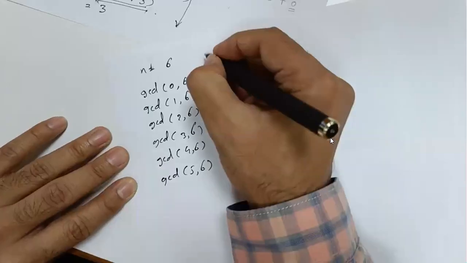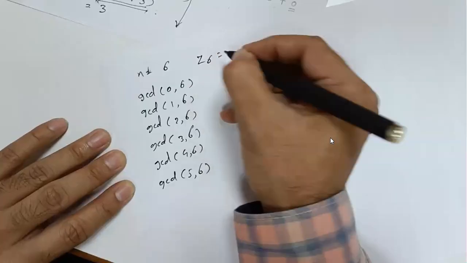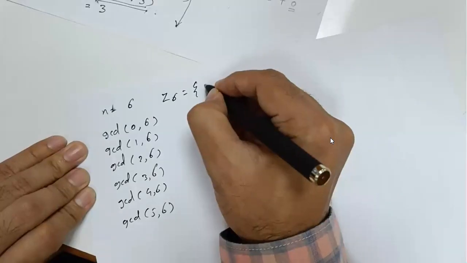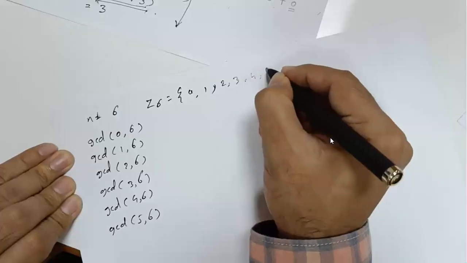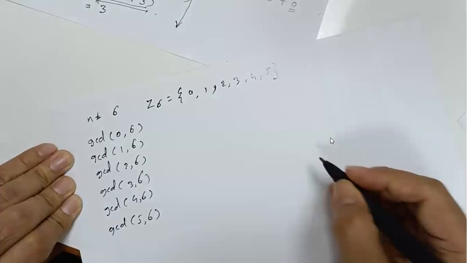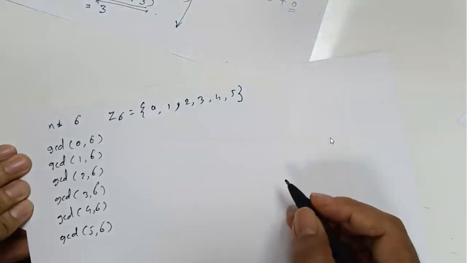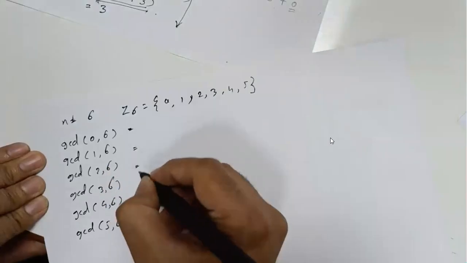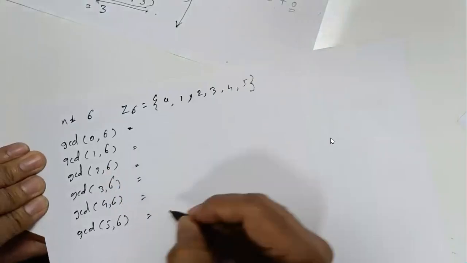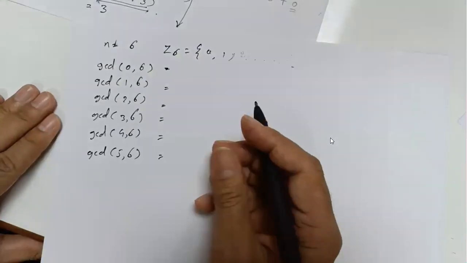Because Z will have 0 to n minus 1 values. I have not written the set here: 0, 1, 2, 3, 4, and 5. So this will be the Z set, and you have to find out these values. Can someone tell me these values? I'll give you a minute.